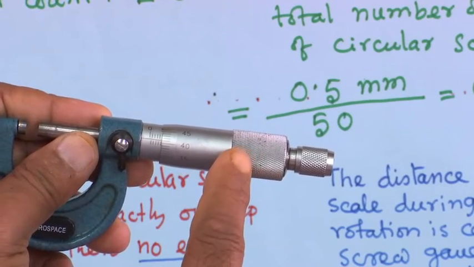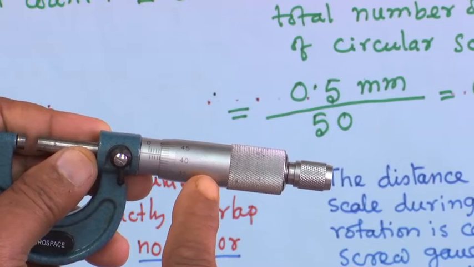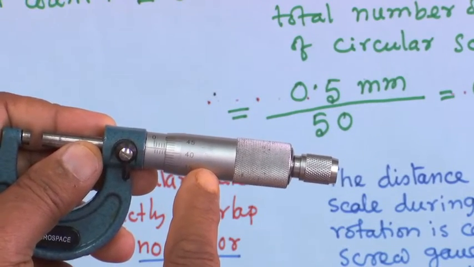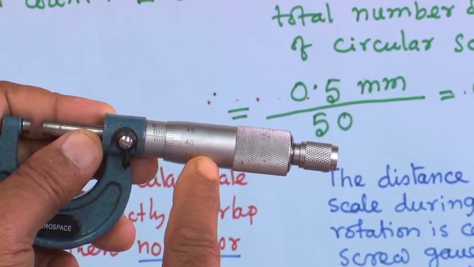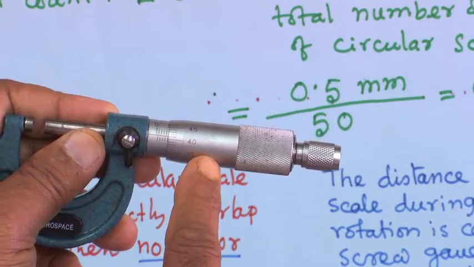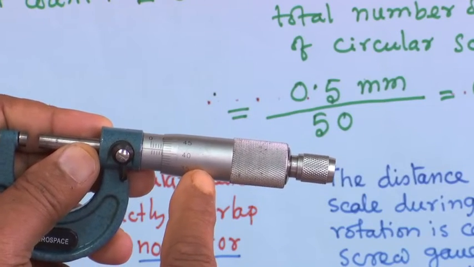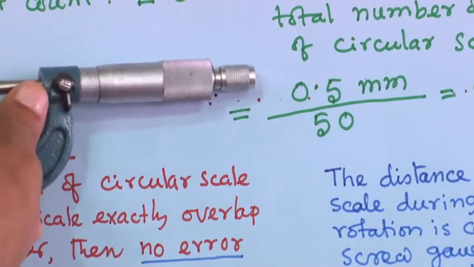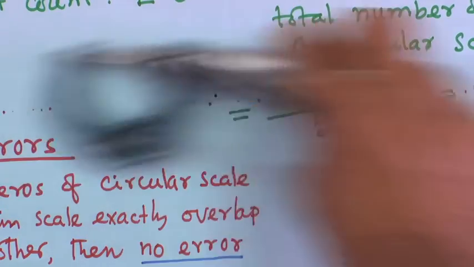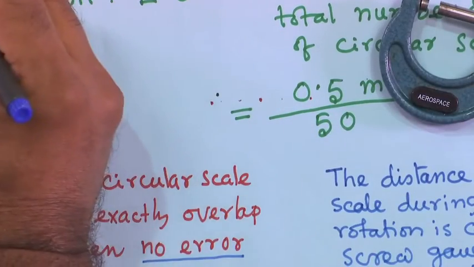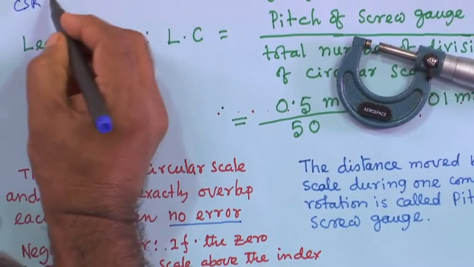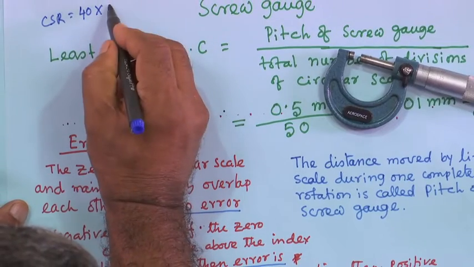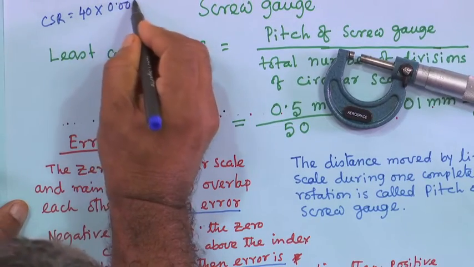I have to calculate, just one minute. So, the circular scale reading is 40, multiplied by the Vernier least count, that is 0.001.